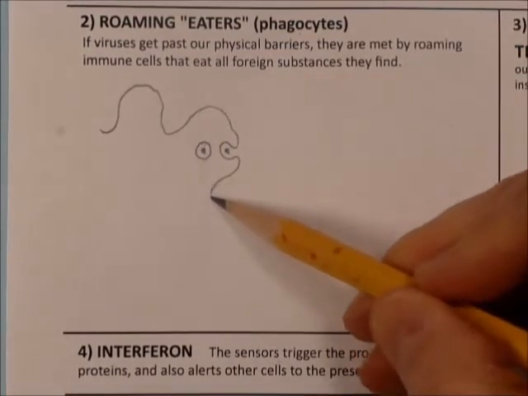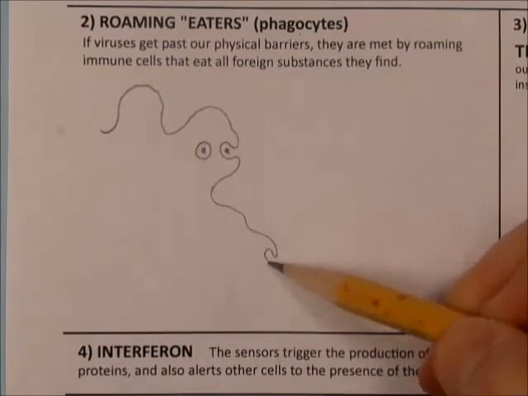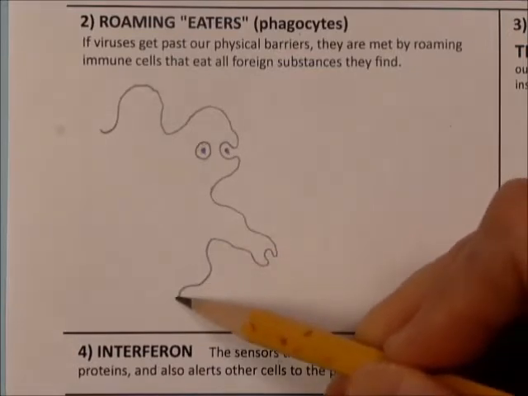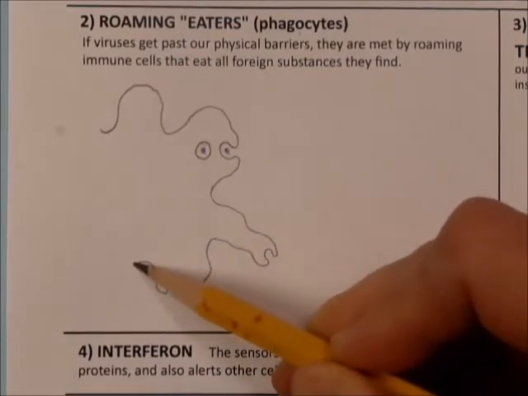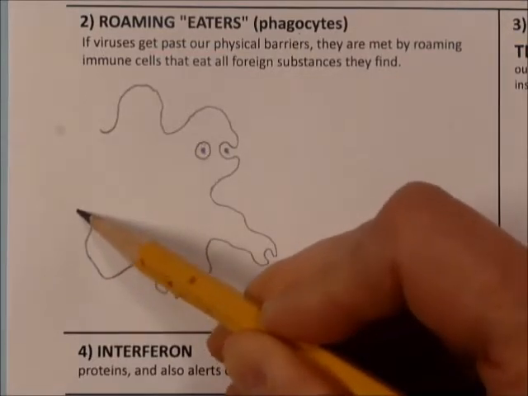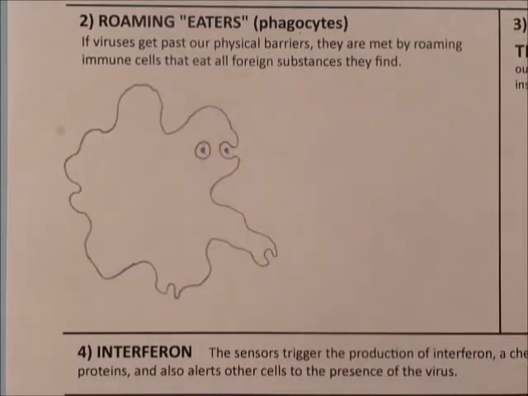So let's make another oozy arm. Eating something. And your macrophage can go off the paper too. Just make it bigger. It would have a nucleus, but we don't even have to put it in right now.